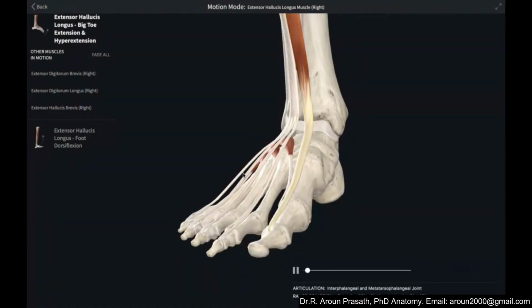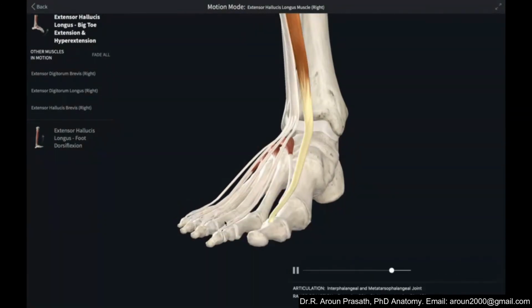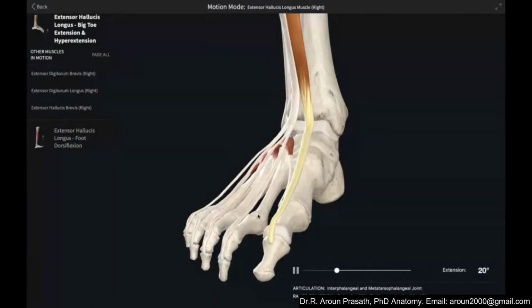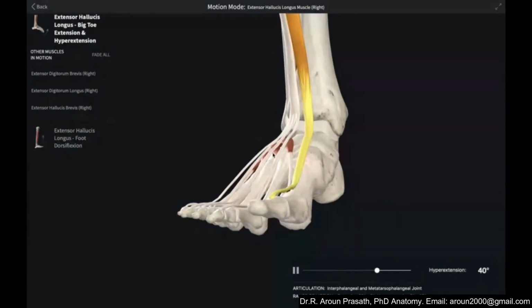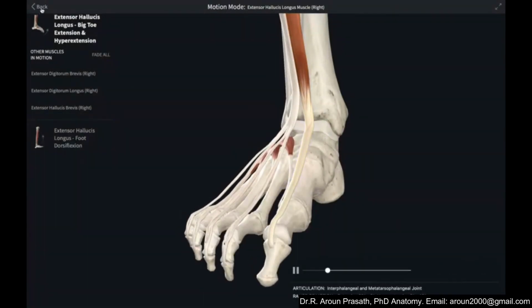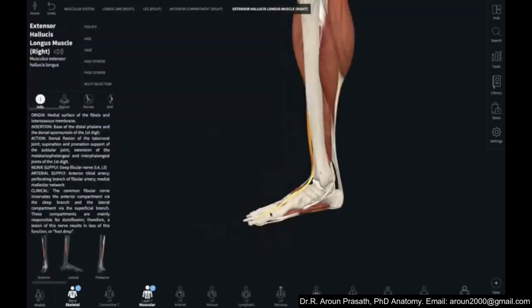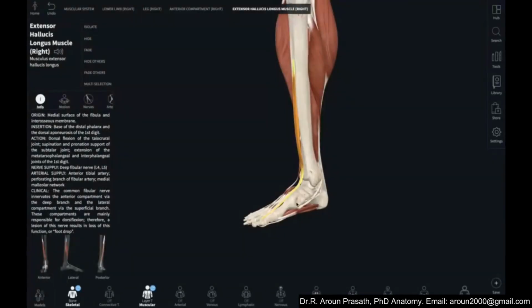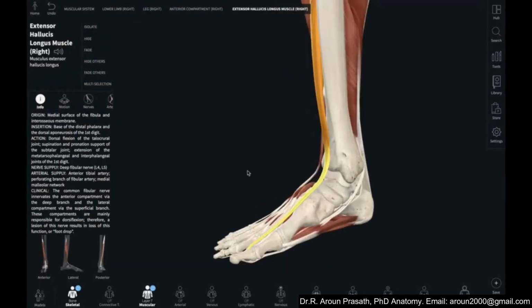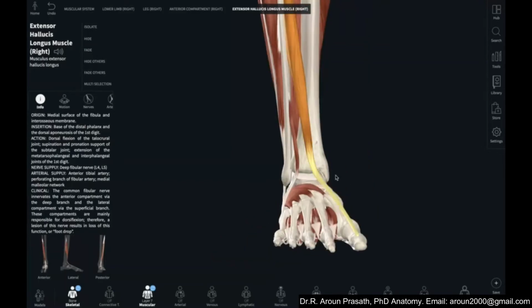With the wound in place, ask the patient to do this extension movement. When a tendon is cut, the respective movement will be absent. So you need to observe all these things, and only then go for suturing. If you see any tendon is cut, you need to refer the patient to the plastic surgery department. So this is the extensor hallucis longus muscle.